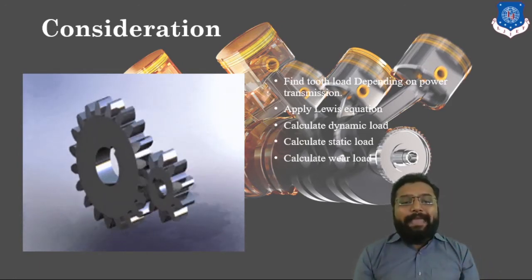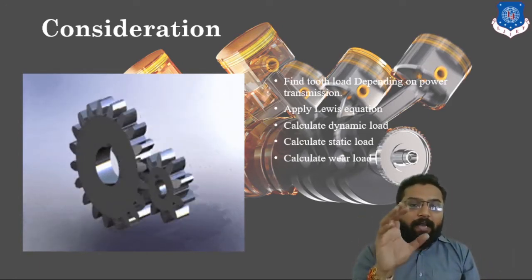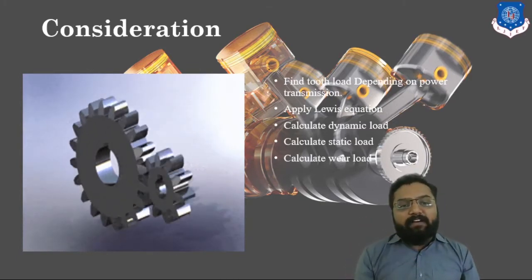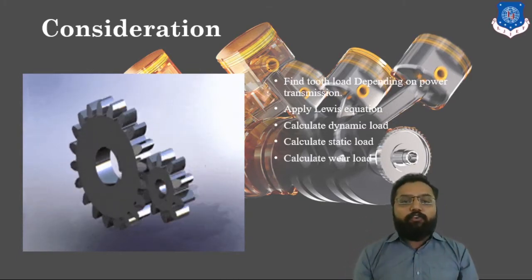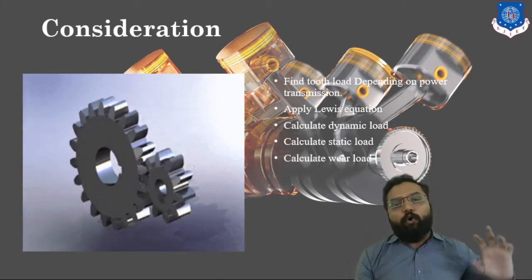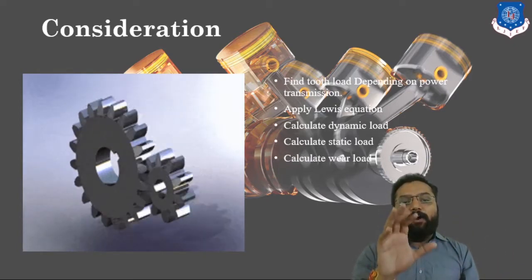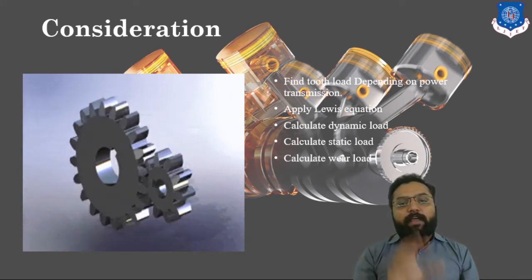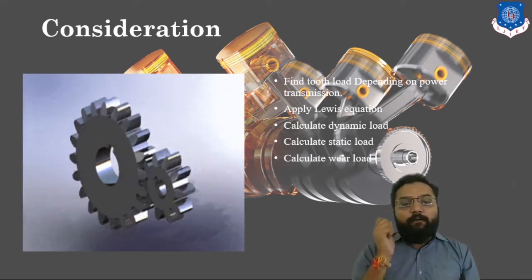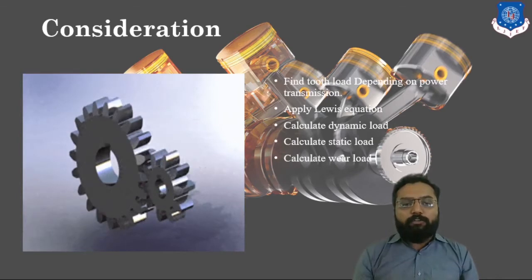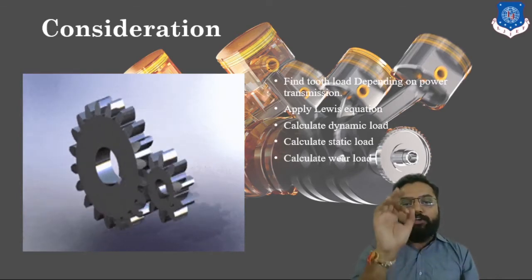So this is a basic outline to design our gear. Let's repeat once again. First, you have to find out what amount of load is acting on your gear teeth. How are you going to find it? Depending on your power transmission and velocity ratio for your particular material. So that will be your input criteria.